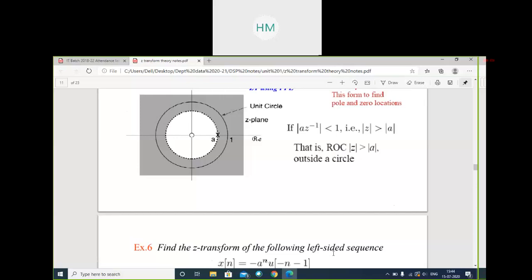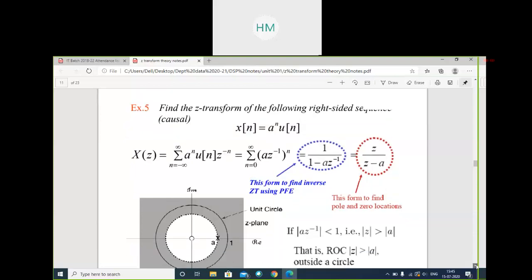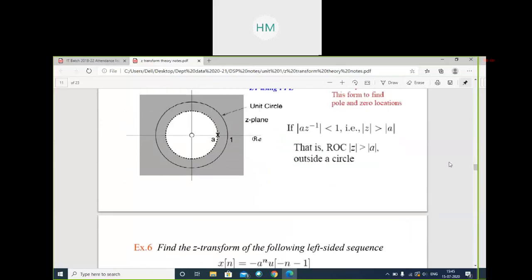This is a left-sided sequence, and the previous numerical was a right-sided sequence. Right-sided sequence means values will exist from 0 to infinity. Clear? Now the next numerical is this. So students, please simplify this. Start simplifying in your copy. Find the Z transform of the following left-sided sequence.